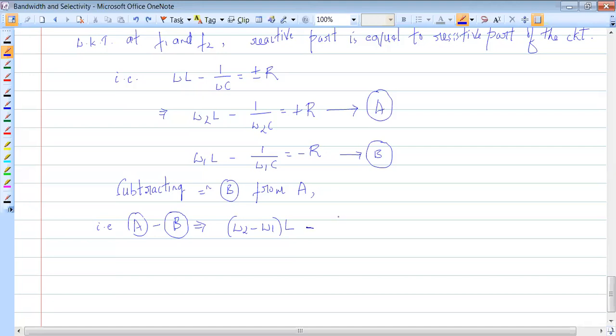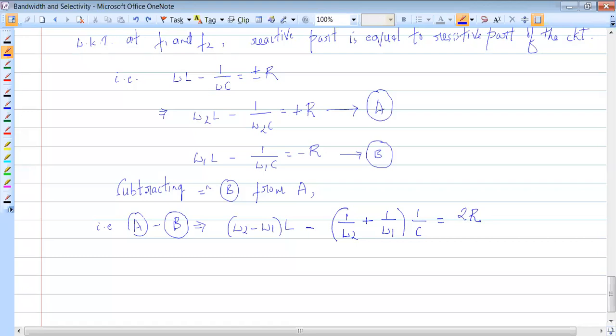Let's see what happens. 1 by C is common. 1 by omega 2, minus is already there, so it's minus of minus, it becomes plus 1 by omega 1. Is this fine? 1 by C is the common factor. Then you have plus R, minus of minus R, so it becomes 2R. Is this okay with you?